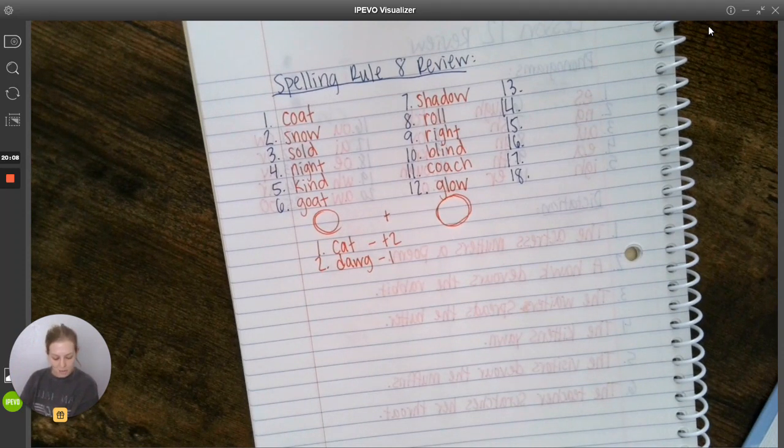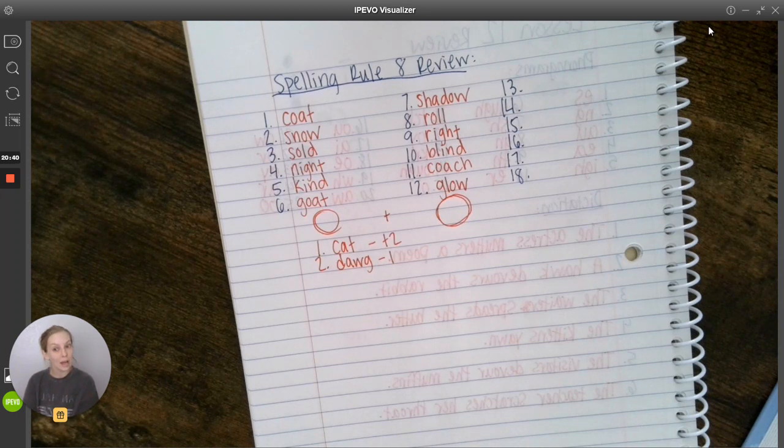All right, number 13. Child. Each child in my class is special. Number 14, sight.